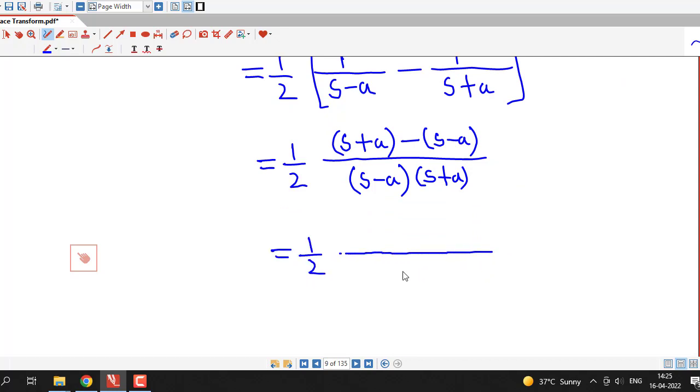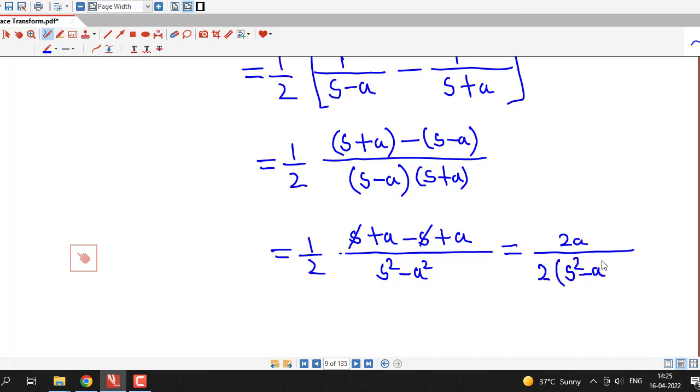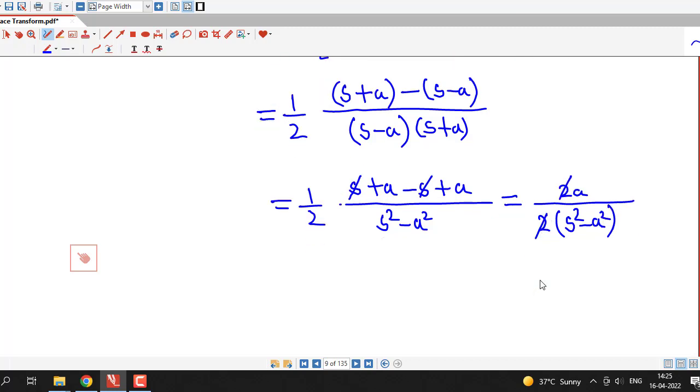So now we simplify this. (s minus a) into (s plus a) is s square minus a square, and here we can rewrite the numerator as s plus a minus s plus a. So this is going to be 1 by 2, here s will get cancelled out, 2 times a, over 2 times s square minus a square, and 2 will get cancelled out, and we are left with a divided by s square minus a square.